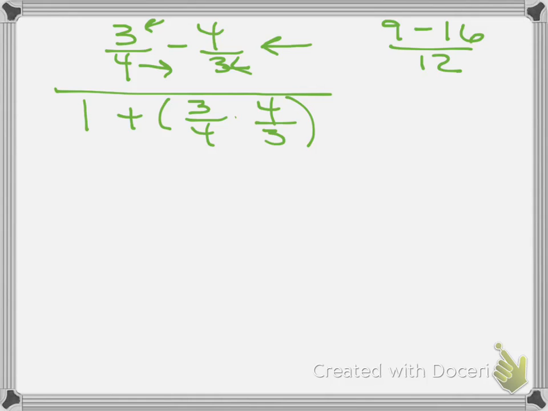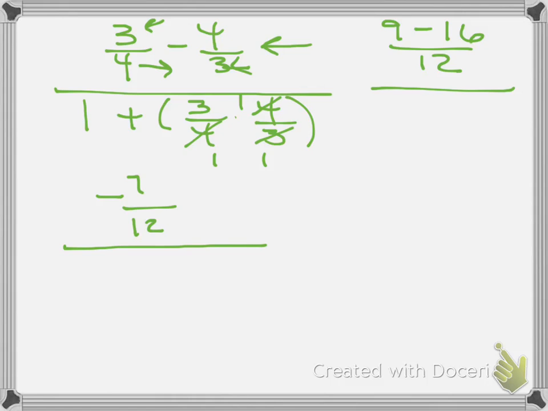So on the top, we have 9 minus 16 is minus 7 over 12. On the bottom, we have 1 plus 3/4 times 4/3. Well, 3/4 times 4/3, the 4's and the 3's cancel. So on the bottom, we actually have 1 plus 1, which is 2.